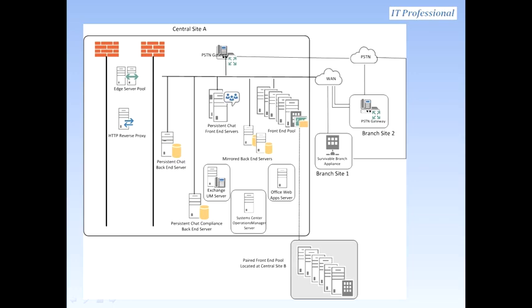The PSTN gateway deployed there supports media bypass, so no mediation server is needed at branch site 2. Because we have media bypass, there is no need for the mediation server at branch site 2.